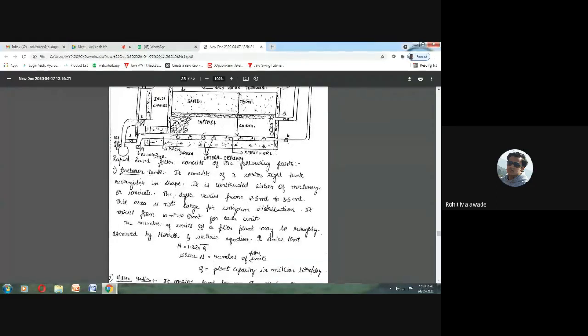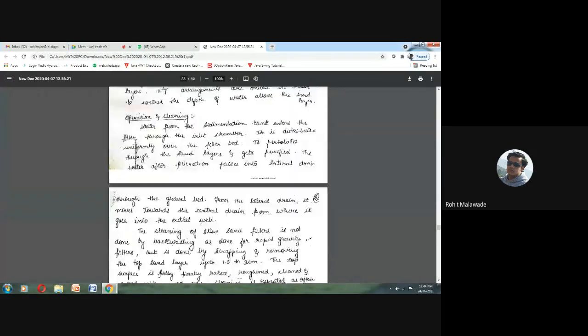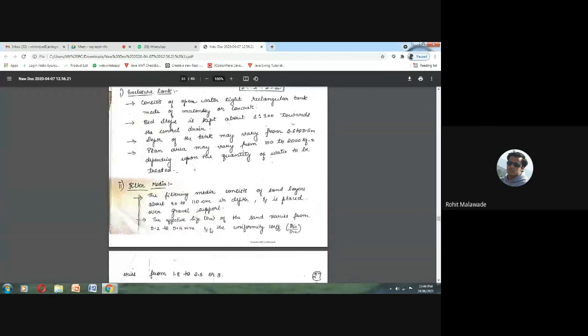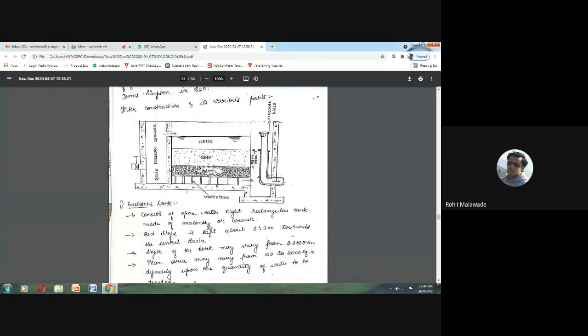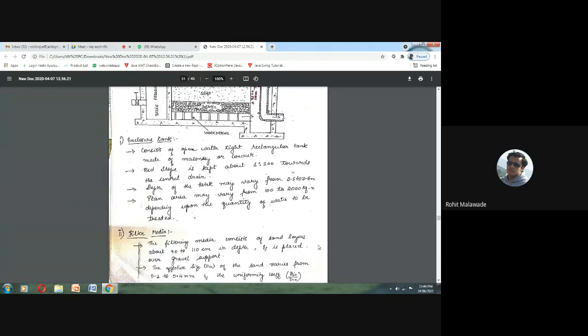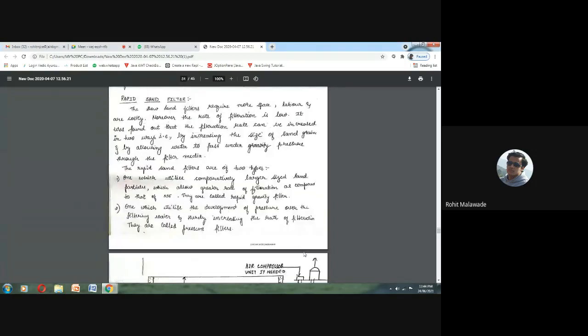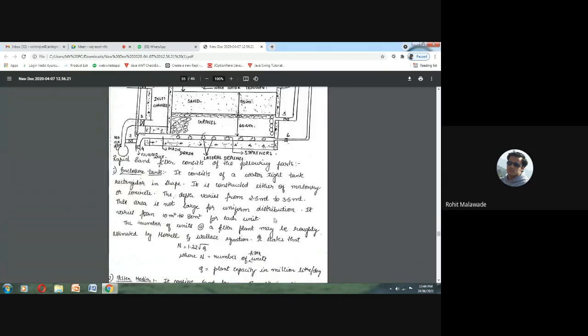For example, here you are going to use only an area of around 10 to 80 square meters, whereas in case of your slow sand filter, you are going to use an area of around 100 to 2000 square meters, and the depth is 2.5 to 3.5 meters. Here, how much area are you going to utilize?